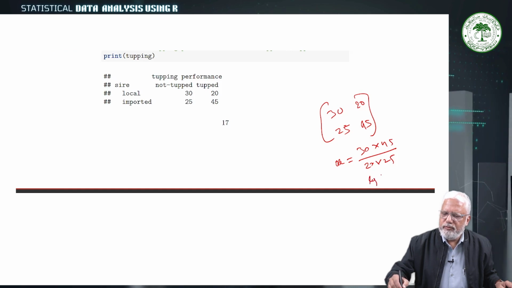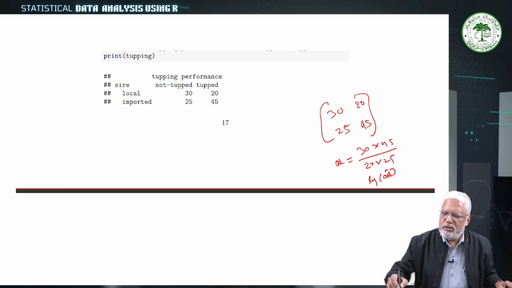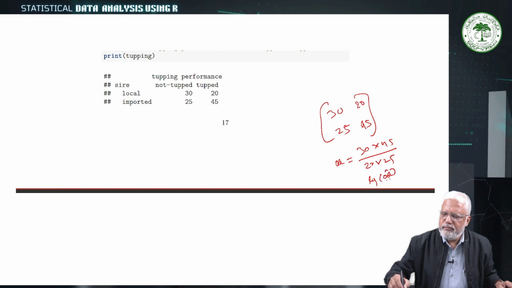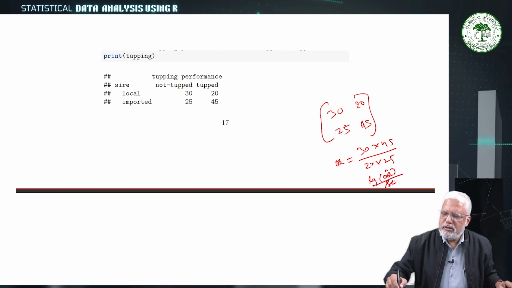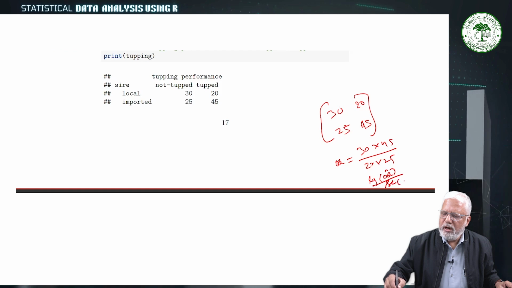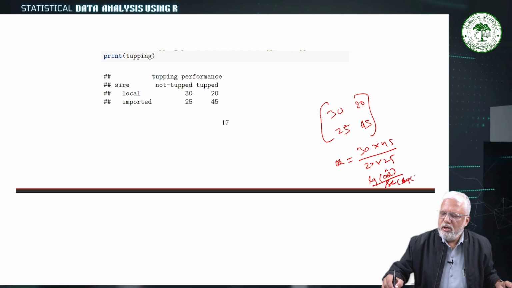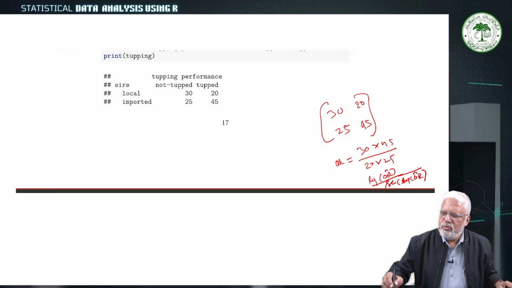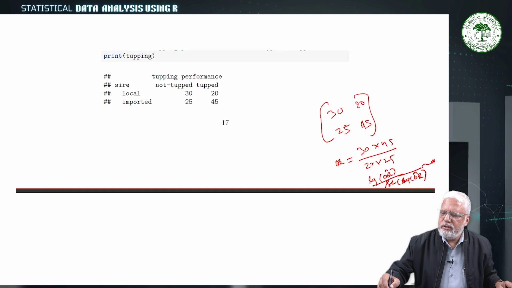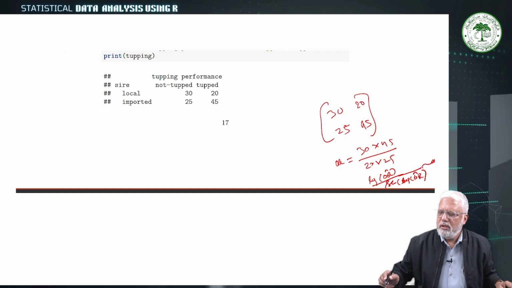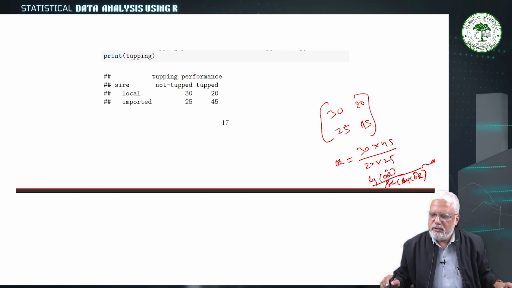So the log of the odds ratio estimate divided by the standard error of the log of the odds ratio follows normal 0, 1.